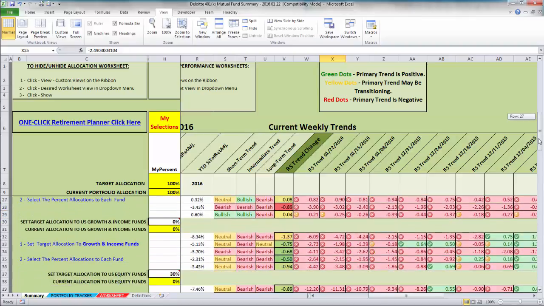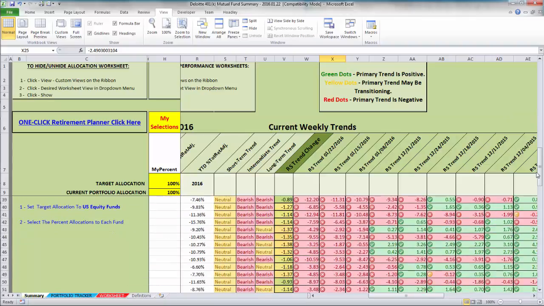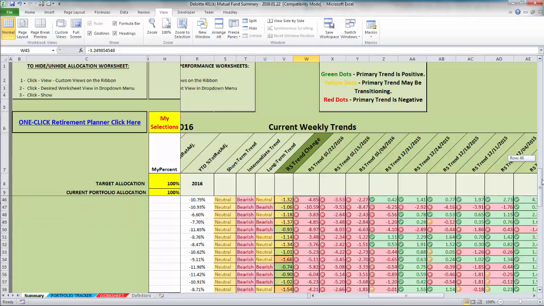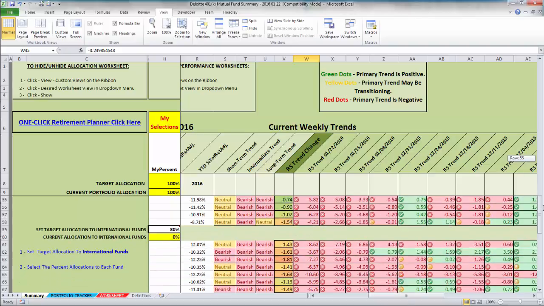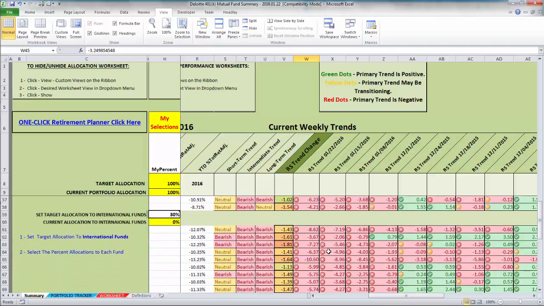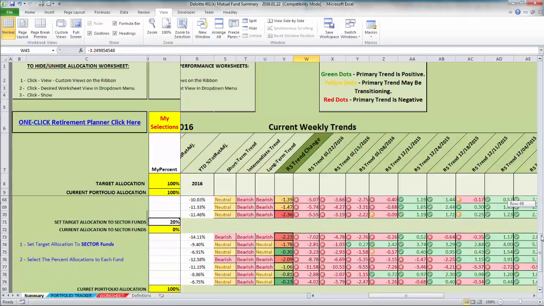As I said, we're 100% in money market, and as we scroll down, there's just a handful of funds that have yellow lights here. So what we'll look for is the numerical values to start to get less negative or turn green, but these are quite a ways from turning green. If you're an aggressive investor, what you'll look for are the numbers to turn less negative or start to turn positive, and those will be the funds you'll most likely want to consider for your investments going forward.